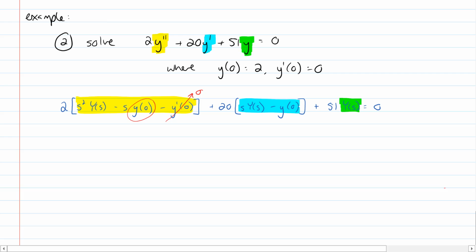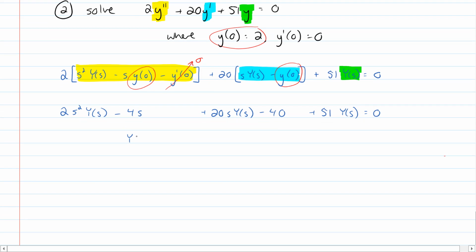Multiplying through, we get 2s² Y(s) minus 2 times s times 2, so negative 4s, plus the 0 goes away, and then plus 20 s Y(s) minus 20 times 2, which gives negative 40, and then plus 51 Y(s) is equal to 0.